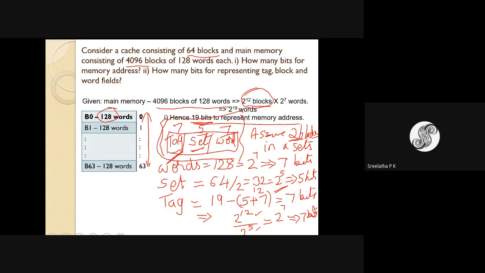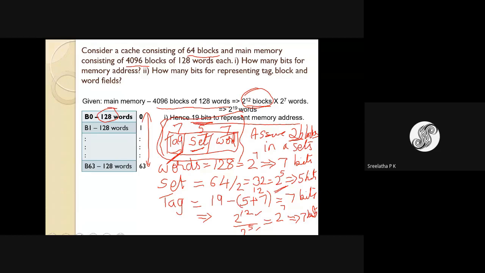Okay, this is set associative mapping. The only thing here is the blocks of cache memory are grouped into sets. The advantage of this particular mapping is it is a combination of both direct and associative mapping.